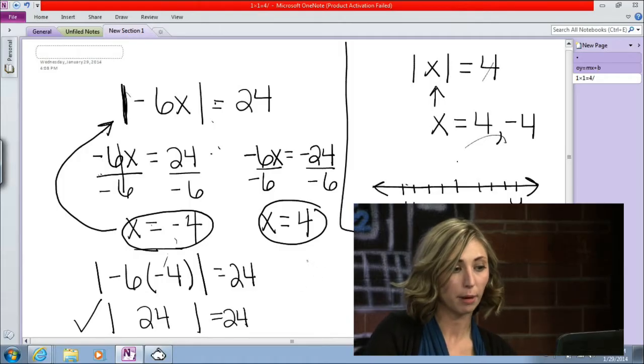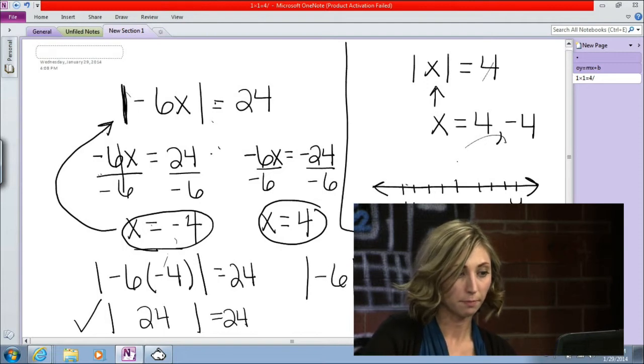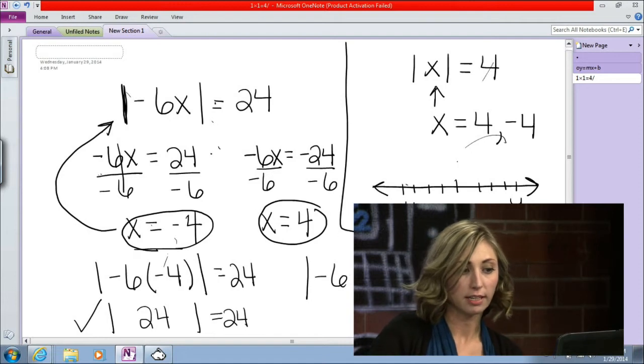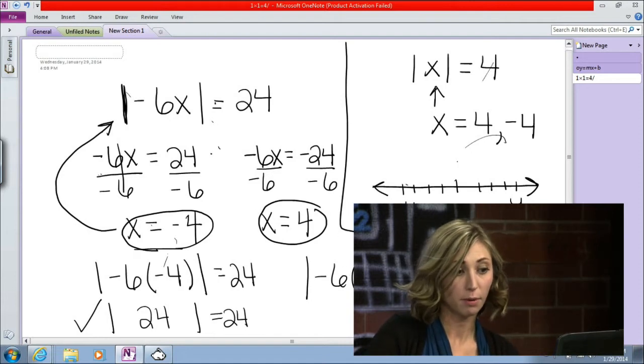We'll check our second solution. We know that x equals -4 is a solution. We'll check our second solution of x equals 4 by, again, plugging it in and replacing our x variable with that. So we have the absolute value of -6 times +4 this time, equals 24.